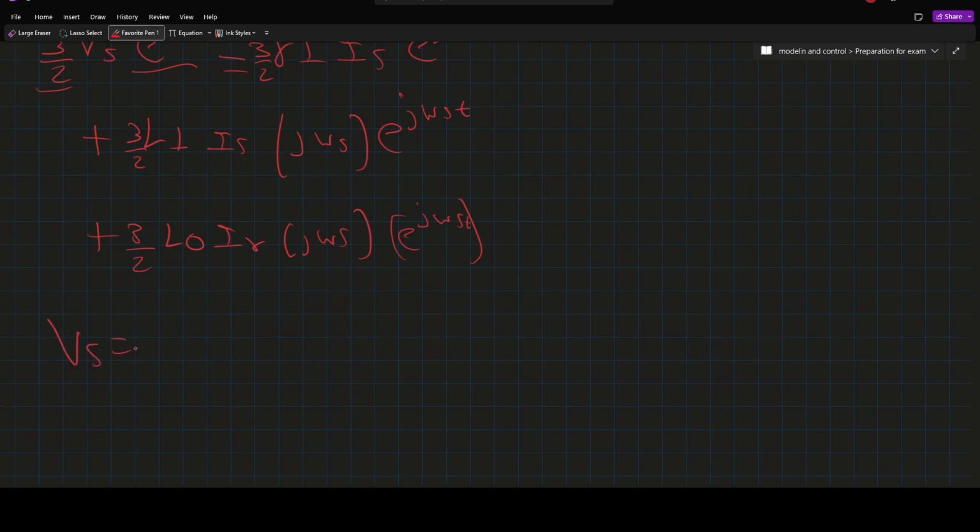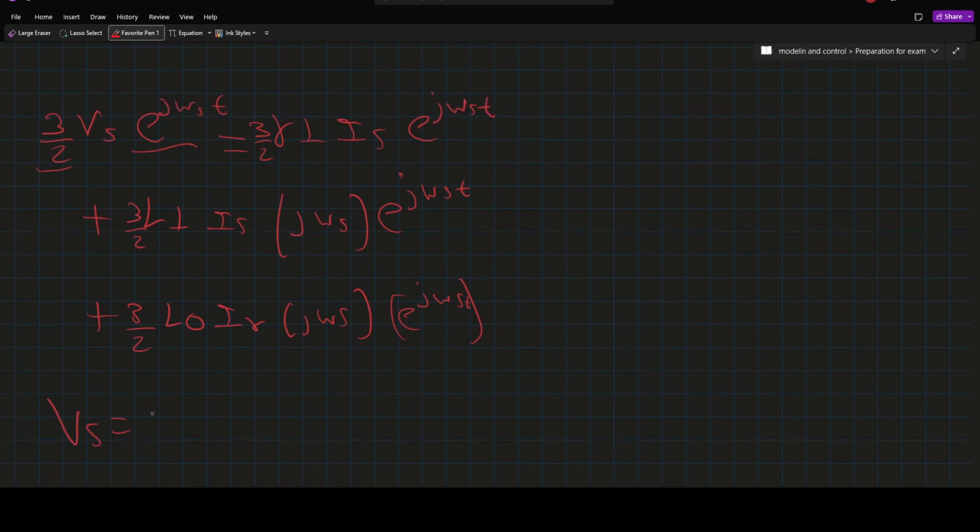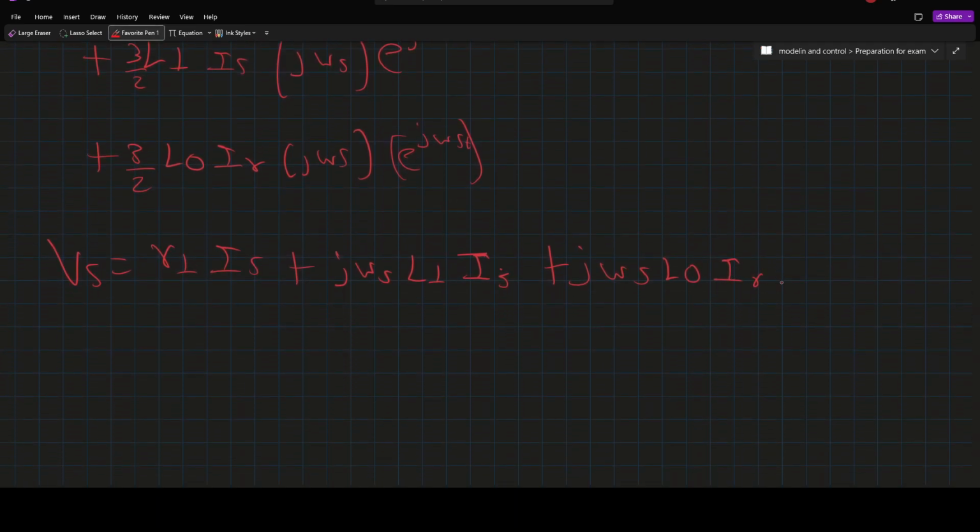We have half B S equals R1 I S plus j omega s L1 I S plus j omega s L naught I R. And like this we have our steady state voltage equation for our stator.